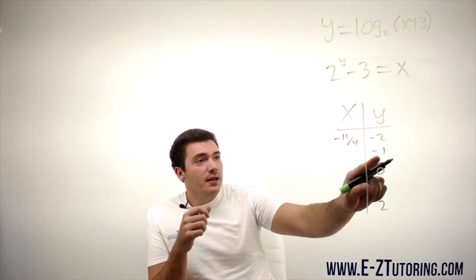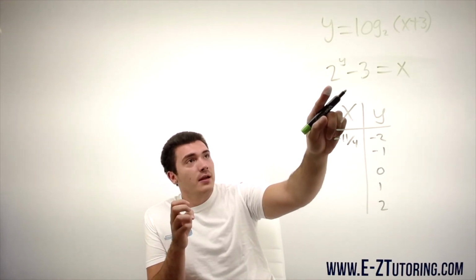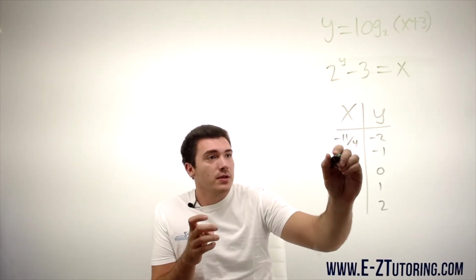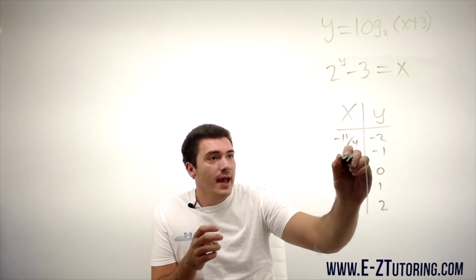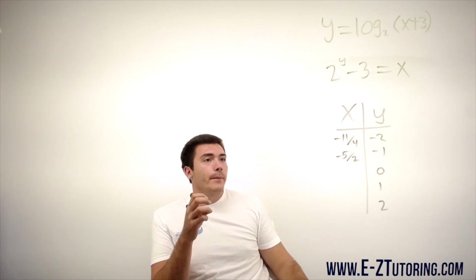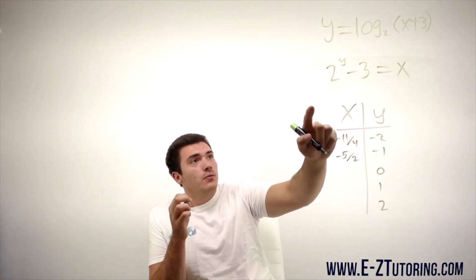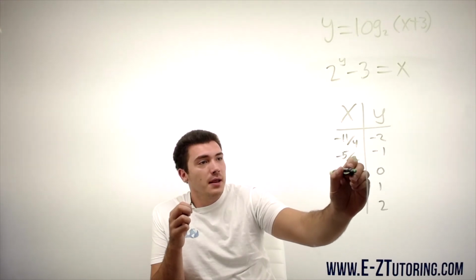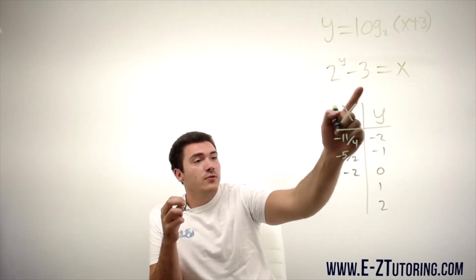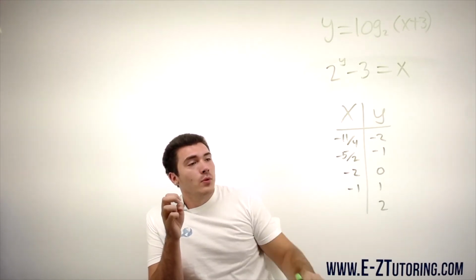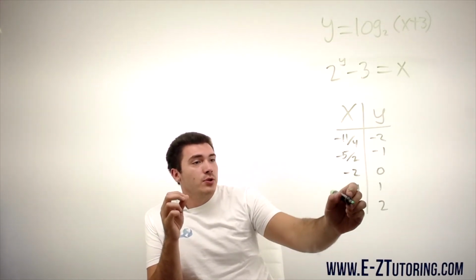If we plug in -1, we get 1/2 minus 6/2, which is -5/2. If we plug in 0, 2 to the 0 is 1. 1 minus 3 is -2. If we plug in 1, we get 2 minus 3, which is -1. We plug in 2, we get 4 minus 3, which is 1.